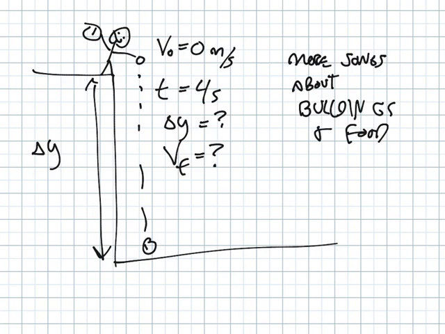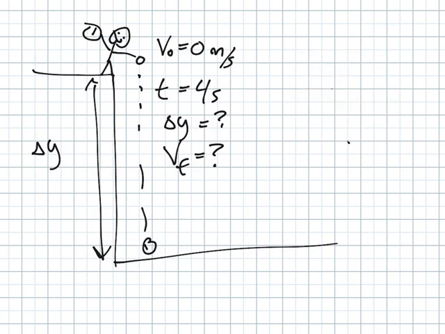All right, so first, establish a coordinate system. The one we used for the previous problem works perfectly well for this problem as well. So my coordinate system is basically like this, and down is the positive direction. All right. So I want to know delta y. Well, we have an equation for that.